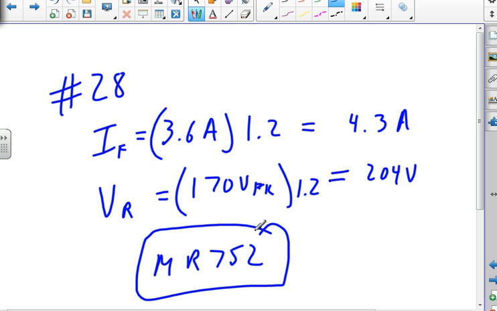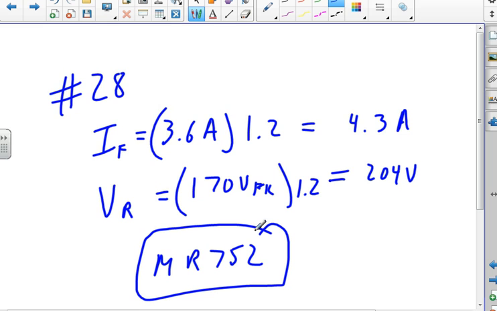Do we have another choice on the bottom? 200. Those guys are huge amperages, so looks like we only have one choice. And even if we went with just 170 volts, 3.6, we'd come up with the same answer, right? Because we wouldn't pick the 3 amp guy for a 3.6 amp need.